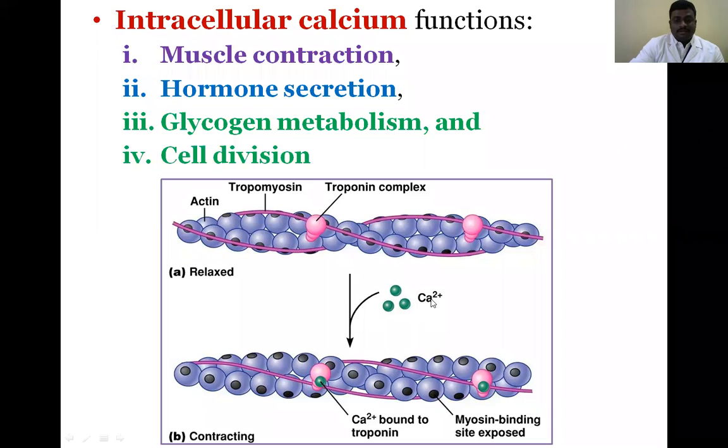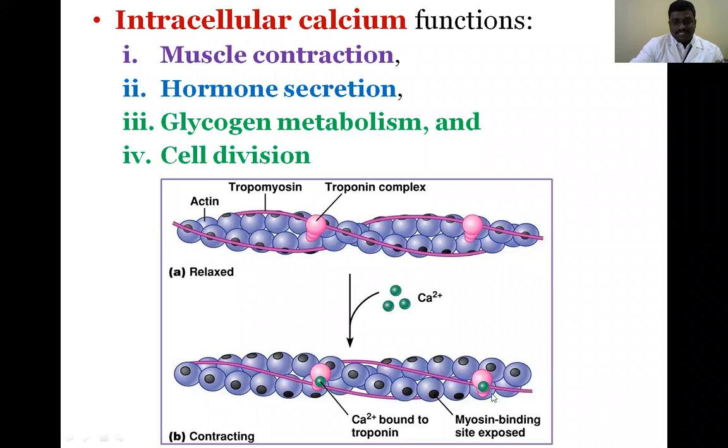In the relaxing stage of the muscle, calcium is not attached to the troponin. Troponin has a calcium binding site, and calcium immediately binds to the troponin.